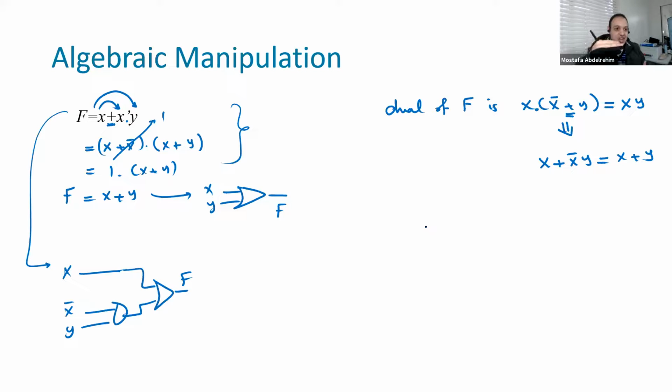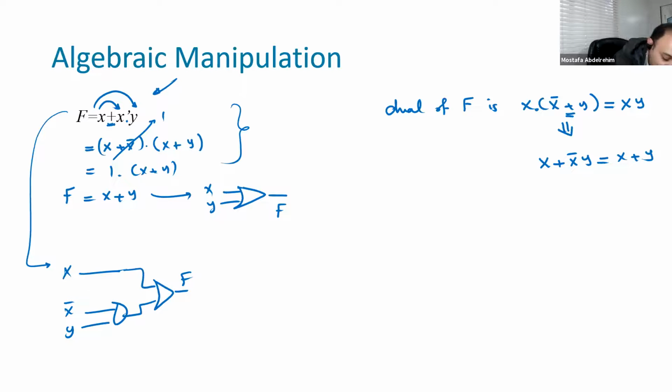Again, we replace the and by or and the or by and. If there is a 0, change it to 1. If there is a 1, change it to 0. You will get another axiom, theorem or equivalent form. And that's basically what we have here.